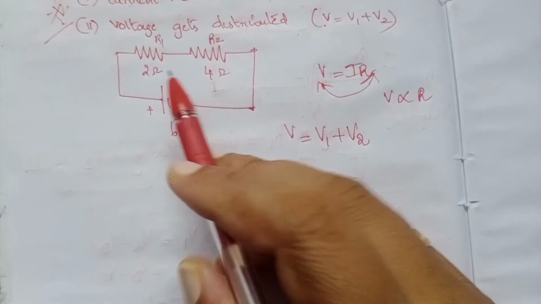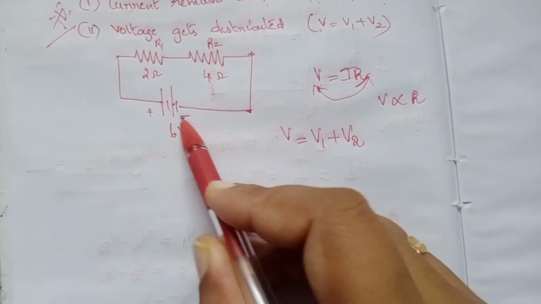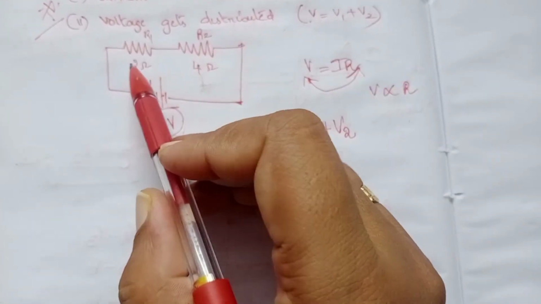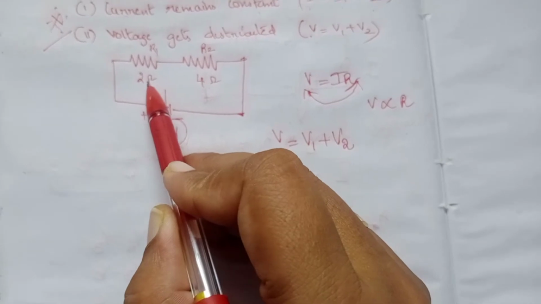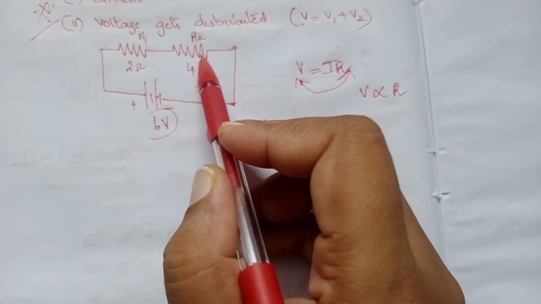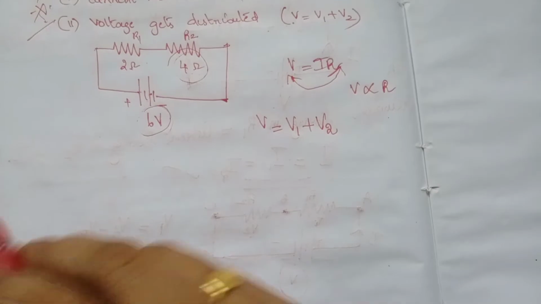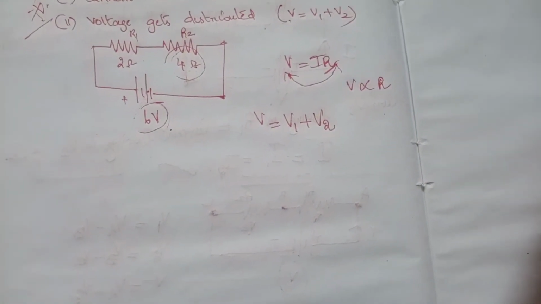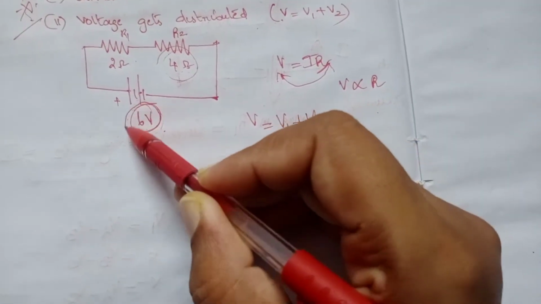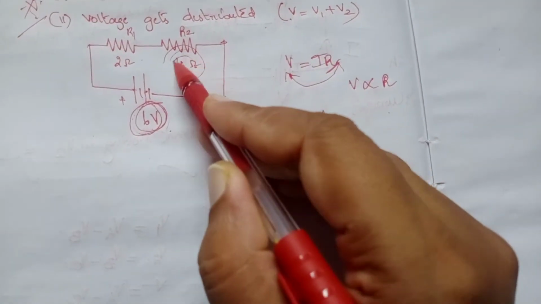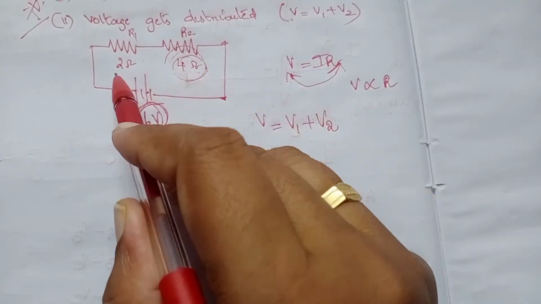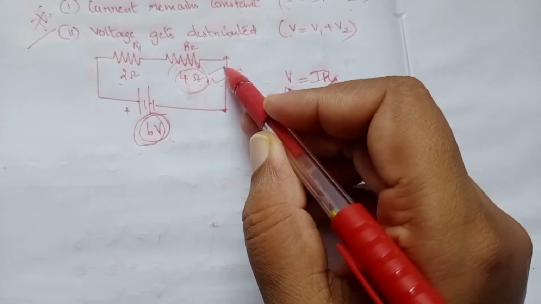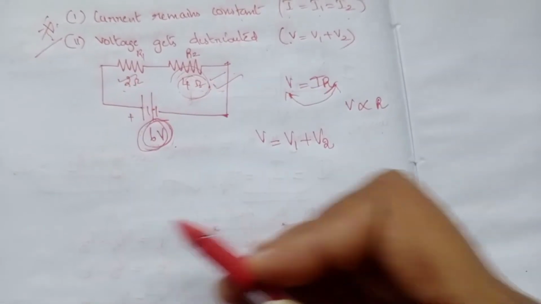See here, the total voltage is 6 volt. So 6 volt can be split up into these two resistances. Since this 4 ohm is the highest resistance, the highest voltage passes through the 4 ohm. Is it clear? Since 6 volt is given here, and 4 ohm is the highest resistance when compared to these two, the highest voltage passes through 4 ohm and the lowest voltage passes through 2 ohm.